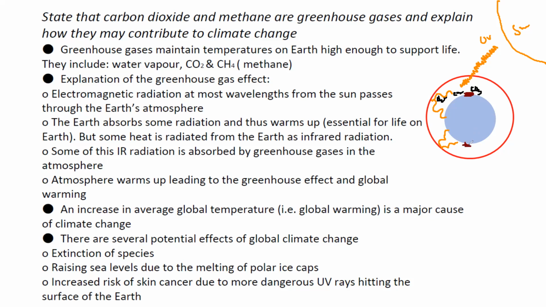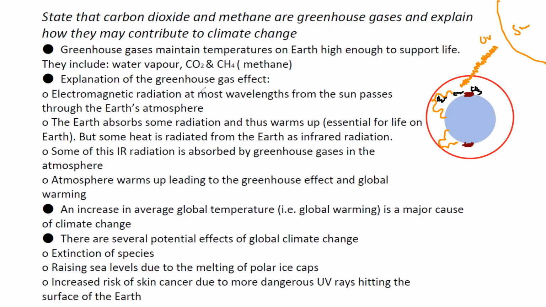And when they start to melt, what will happen? As a result, the sea level will rise. So it is not only increasing the temperature, but it also causes an exponential change in the melting of polar ice. So greenhouse gases are useful to maintain the temperature.